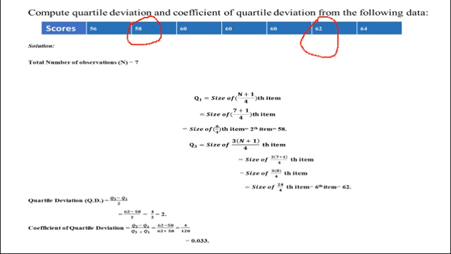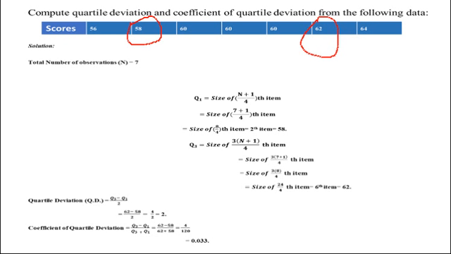Now we have to calculate the coefficient of quartile deviation. The formula is Q3 minus Q1 divided by Q3 plus Q1. We have already calculated Q3 equal to 62 and Q1 equal to 58.